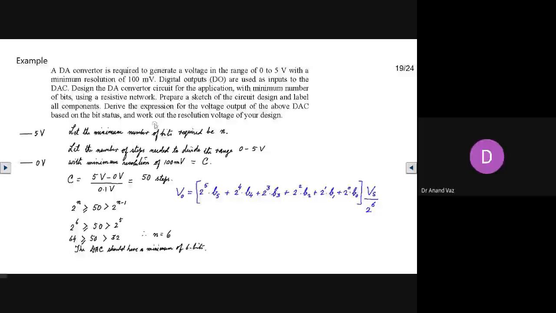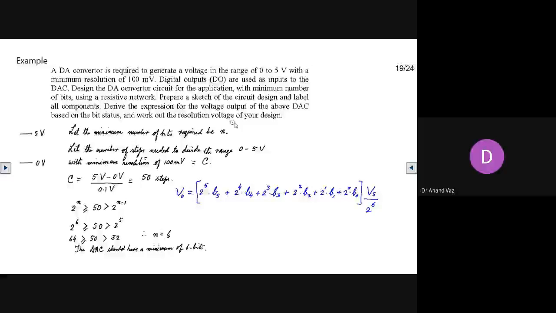That is what has been asked. I am of course not doing that over here. I hope this point is clear to you now. So we have attended to all the points here. You have to design and prepare the sketch. You have to derive the expression for the voltage output over here. That has been done in terms of the bit status. So depending upon whether the bits are zeros or ones, you will get different values.